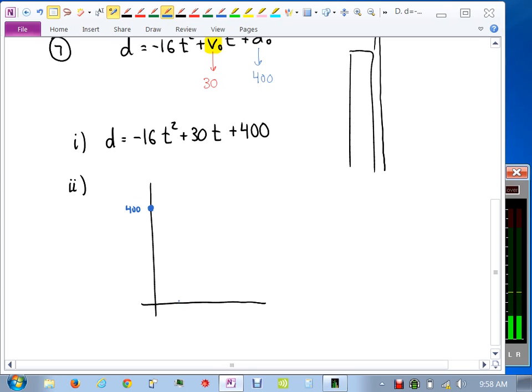And then at 0.94 about, you'll have your vertex up here at 414. So that would be your vertex up here. I'll write that as a point right next to it. It's 0.94, 414, and some change. It's like 0.1.